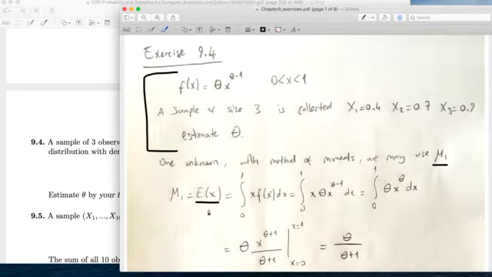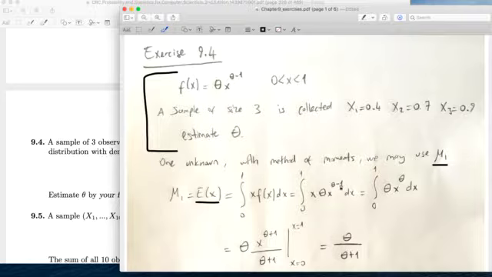So the population moment m1, when we try to find that, the definition of expected value of x is x times the probability density function of x, and we integrate it from 0 to 1. So when we do that, it becomes x times theta x to the theta minus 1. So x multiplied by this, it will be x to the 1 plus theta minus 1.